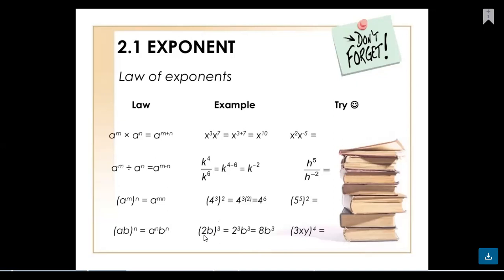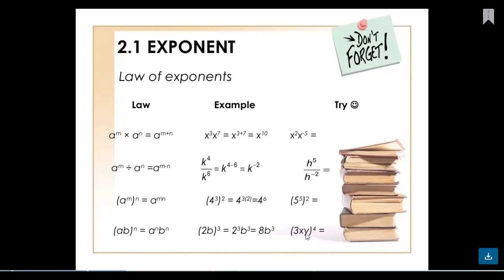So, syempre magkaiba yan, di ba? So, i-distribute natin yung cube to 2 tsaka b. So, 2 raised to 3 or 2 cube multiplied by b cube is equal to 8b cube. Okay, so 2 times 2 times 2 equals 8. 8b cube. So, how about this one?